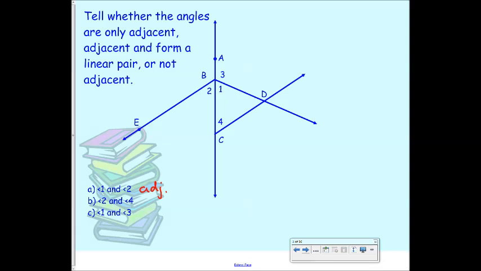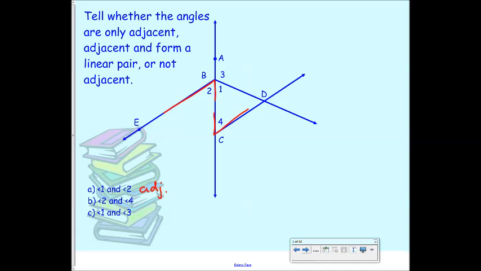What about 2 and 4? Well, they're on the same line, but do they make that line together? So, this is 2, and this is 4. Are they adjacent to each other? No, because they're not next to each other. So if they're not adjacent, can they be a linear pair?